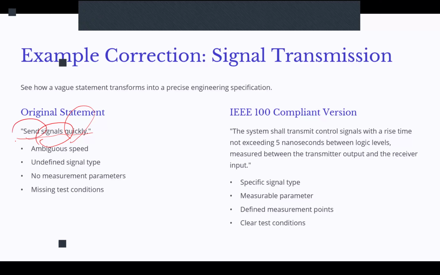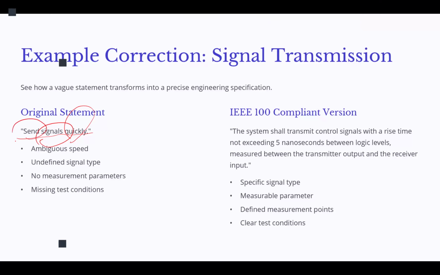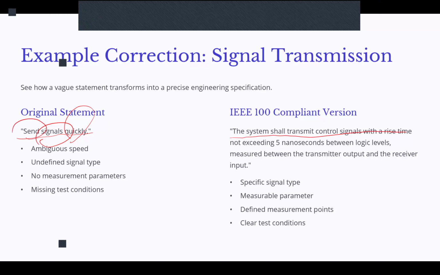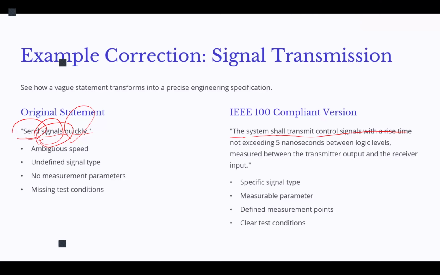So now let's take a look at the enhanced version. Before I forget, what is the type of that signal? Is it an analog signal or a digital signal? We have to define that. Now, let's read the enhanced version of that vague statement.